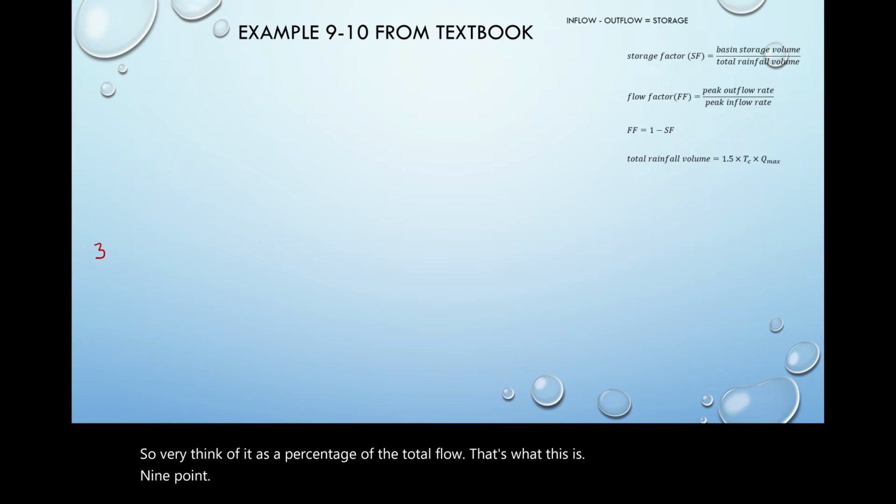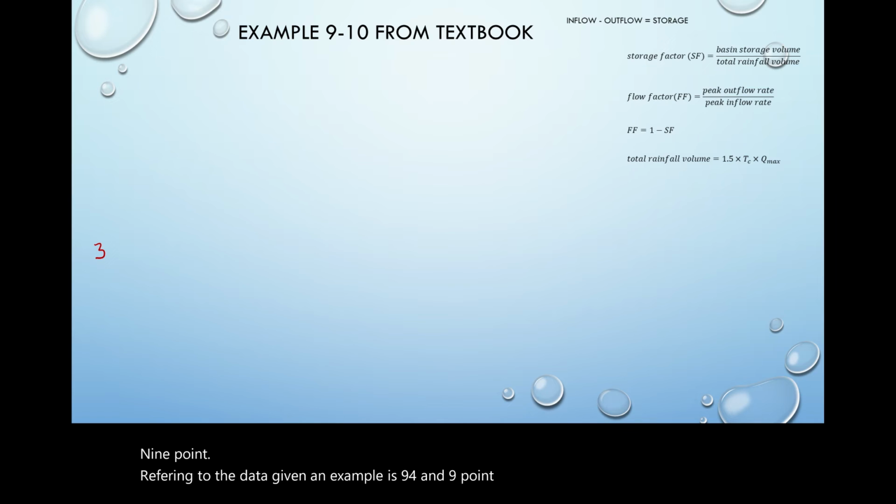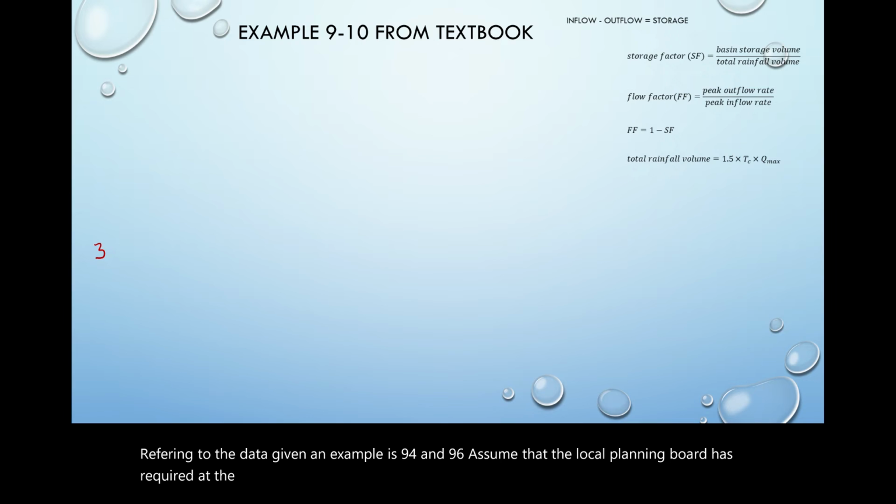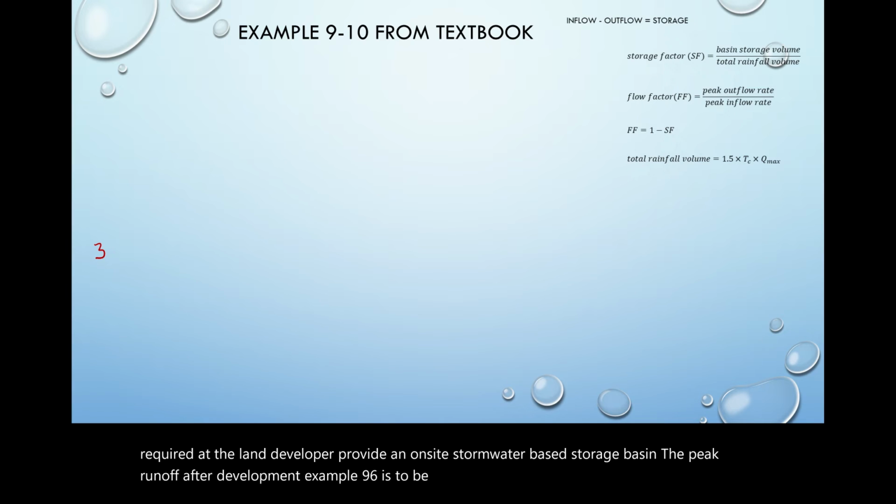9.10. Referring to the data given in examples 9.4 and 9.6, assume that the local planning board has required that the land developer provide an on-site stormwater storage basin. The peak runoff after development, example 9.6, is to be no greater than it was before development, example 9.4.